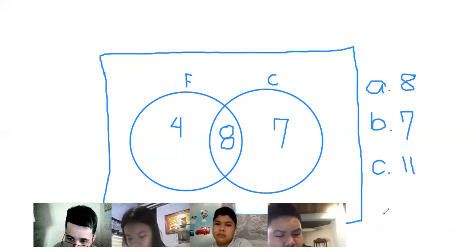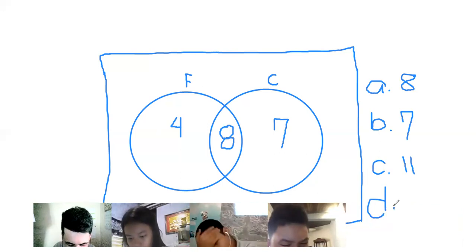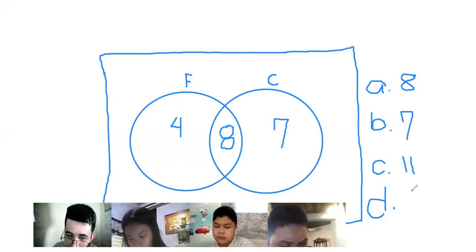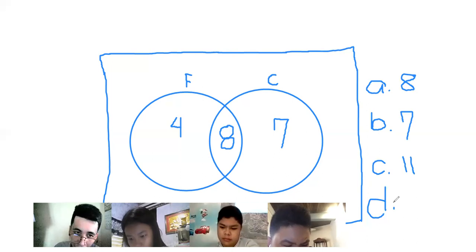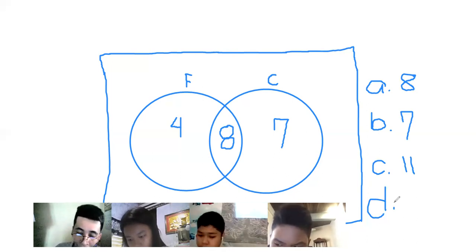Then sa letter D, how many students prepare neither of the two languages? So ilan daw yung estudyante na hindi kumukuha or not taking French or Chinese? Not taking, ha? Okay.